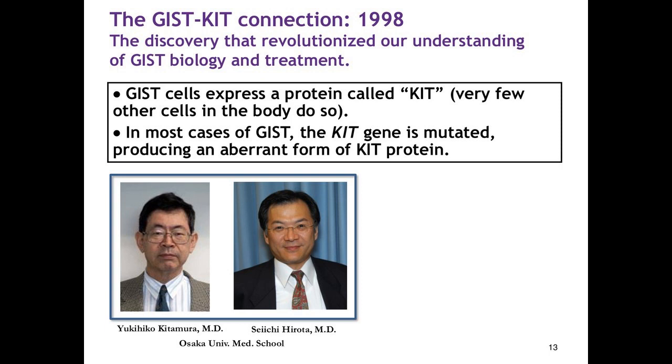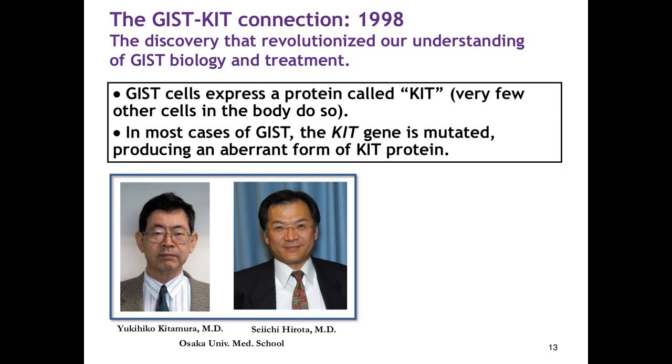This discovery was the result of many decades of research leading up to the discovery. I won't go over all that. But what these doctors discovered is that, first of all, GIST cells, tumor cells, express, that is, produce, a particular protein called KIT, K-I-T. The name sounds like kitten, and it actually comes from kitten because this gene was first identified in a cat virus, a feline virus, but we needn't worry about that.